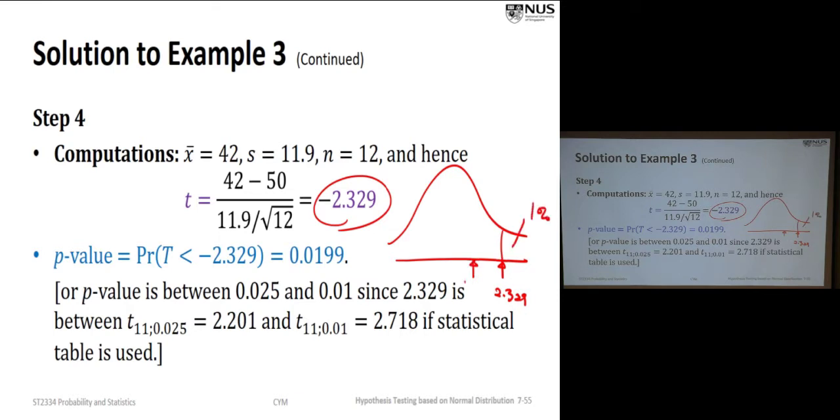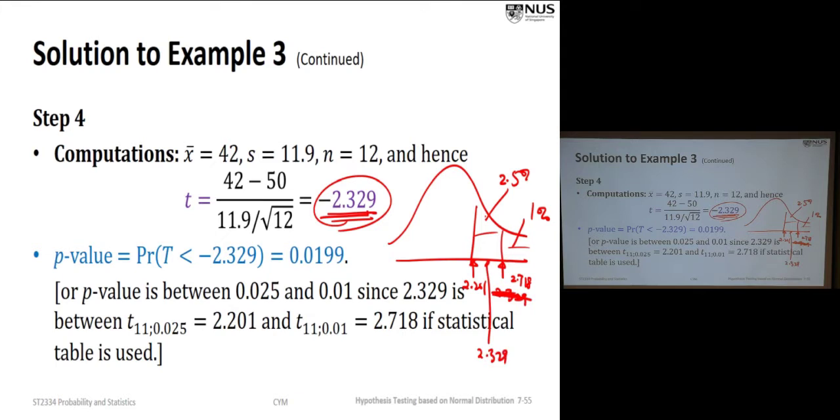The other number is 2.201, bigger than it, 2.5%. So 2.329 is somewhere between these two numbers.